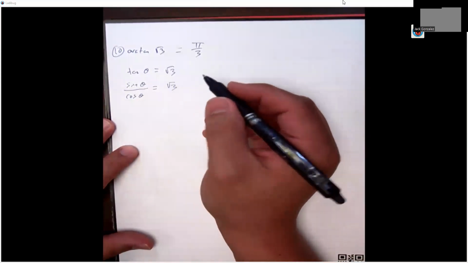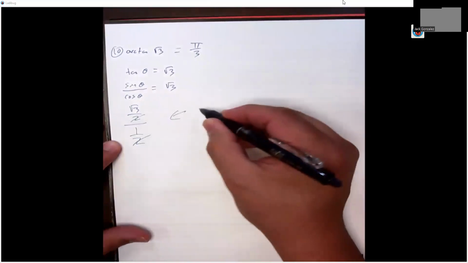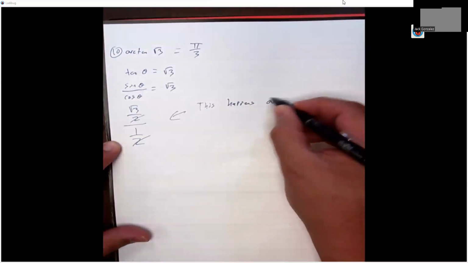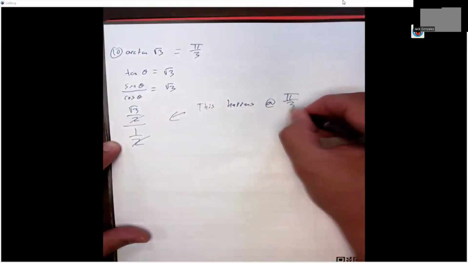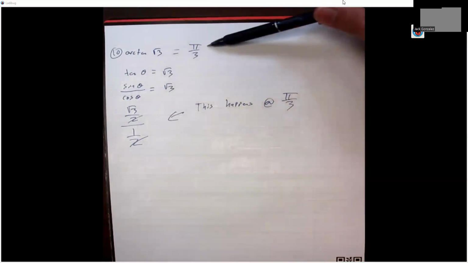So that has to be at pi over 3. That's the only way you're going to get this, if these cancel. So this happens at pi over 3. So whenever you're looking for a tangent angle, just look at your circle and divide the y by the x. And which one gives me root 3 when I divide it? Well, that's going to be pi over 3 because I get this scenario.